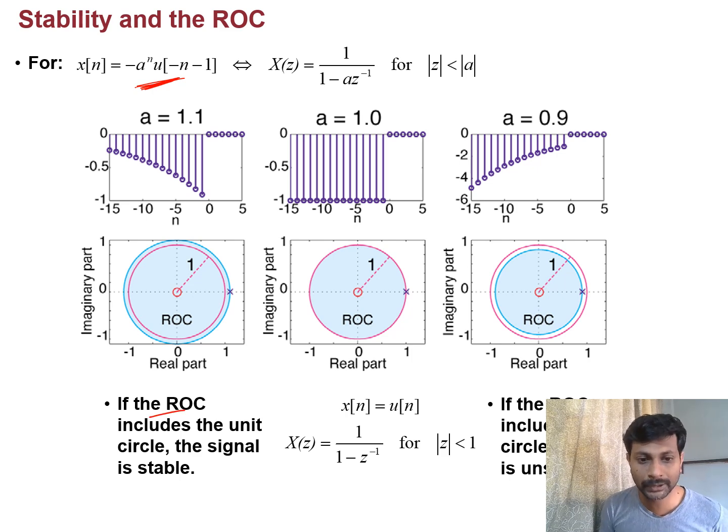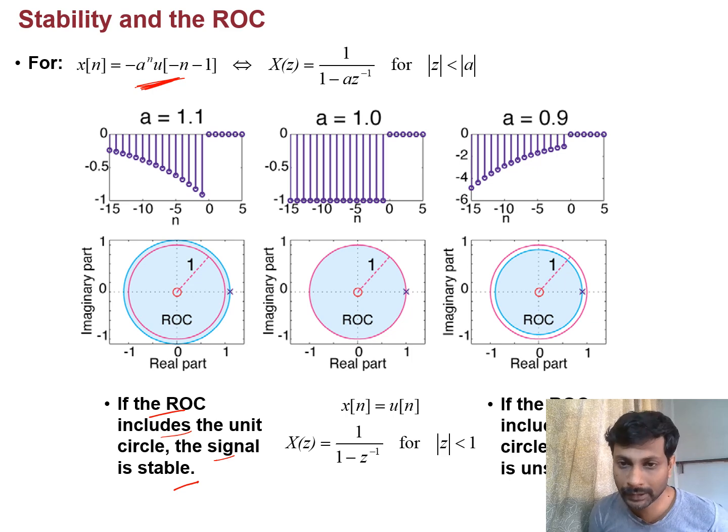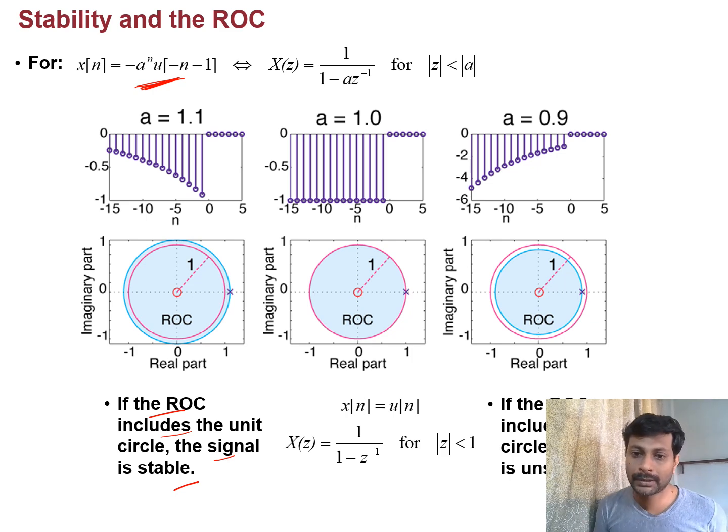So if the ROC includes the unit circle, the signal is stable. But when a is equal to 0.9, ROC is inside the unit circle. So this is the pole and this is the zero. So if the ROC does not include the unit circle, then the system will be unstable.